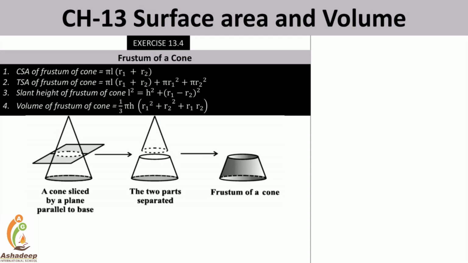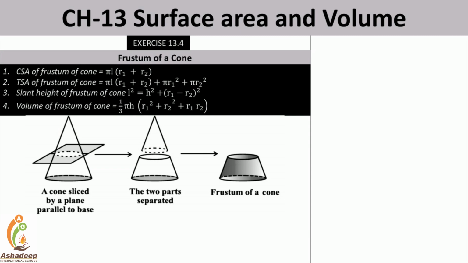That is the frustum of cone. In the previous exam we also got the sum from the frustum of cone, right? So just go through this, it's very much important. Or the conversion of one solid into another solid, these two kinds of sums are very much important. From those two kinds of sums there is a 19% chance of these sums coming out in the examination, right?